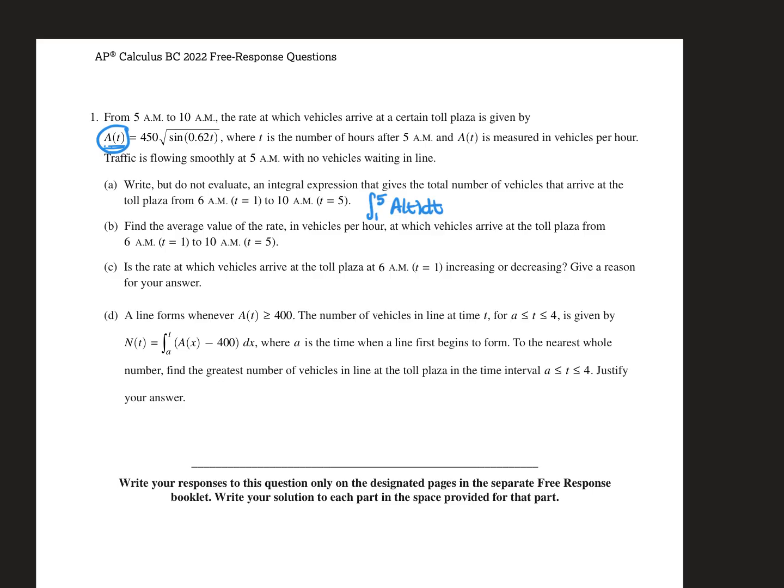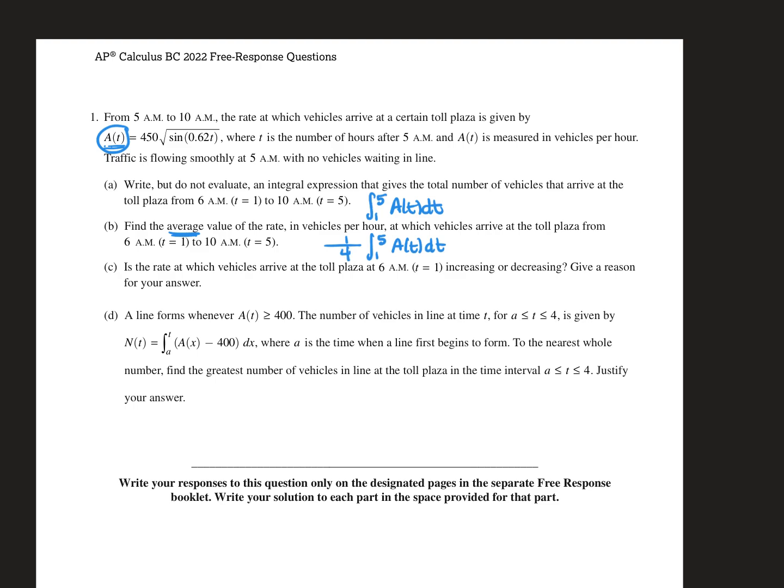Part B, find the average value. So that's going to take the number of cars that pass through and then 1 over the length of the interval. So 5 minus 1 is 4.